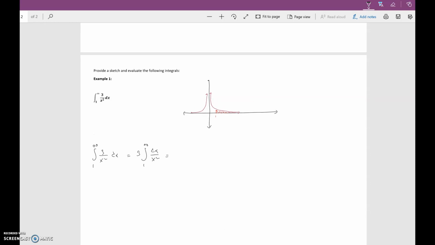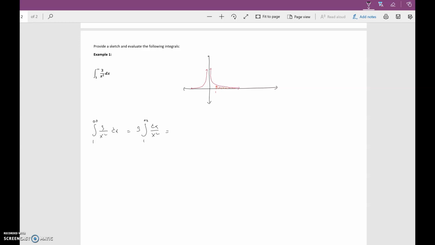This is going to be 3 times the limit as t approaches infinity of the integral from 1 to t of dx over x squared. So what you have here is the constant on the outside multiplying the limit. Don't forget about that 3.